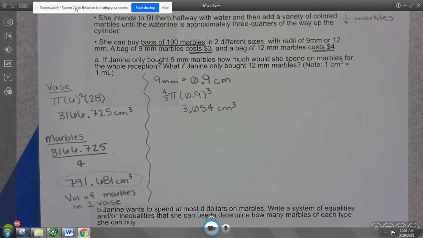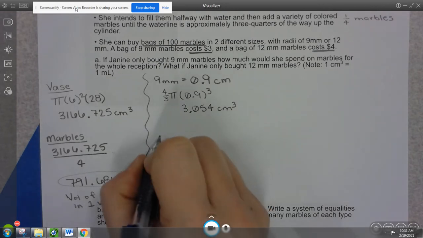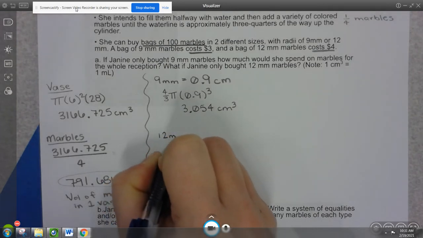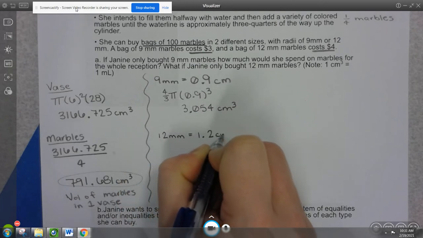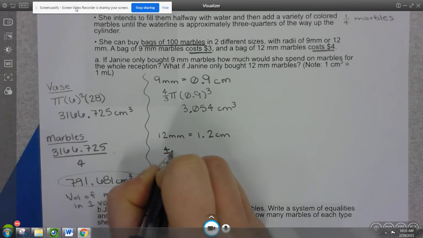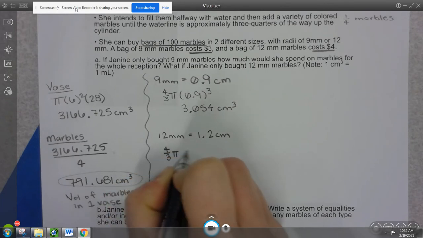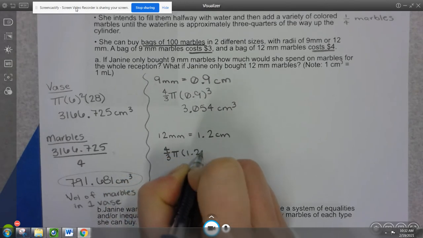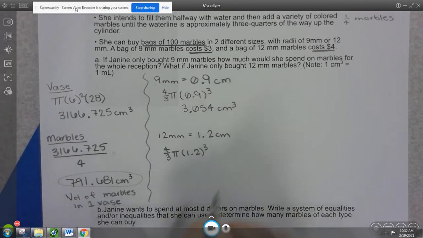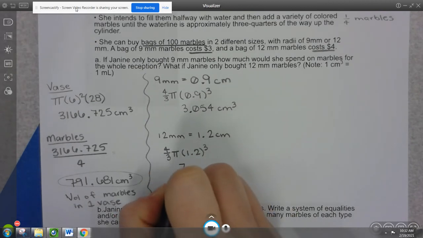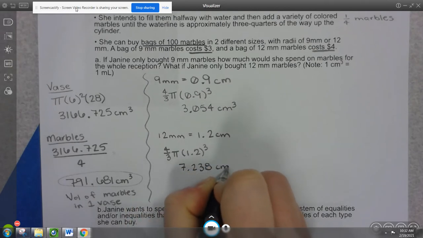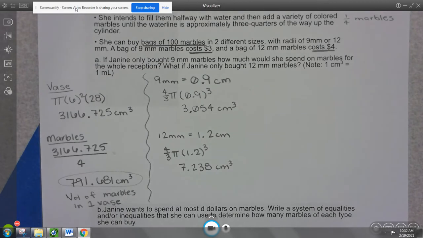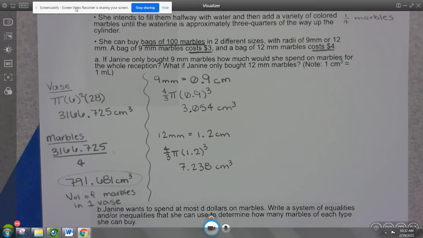I'm going to do the same thing with 12 millimeters. Going to turn it into centimeters and then use my sphere formula, which gives me about 7.238 cubic centimeters.